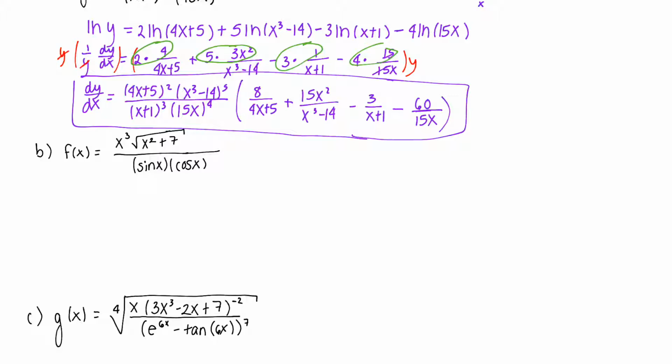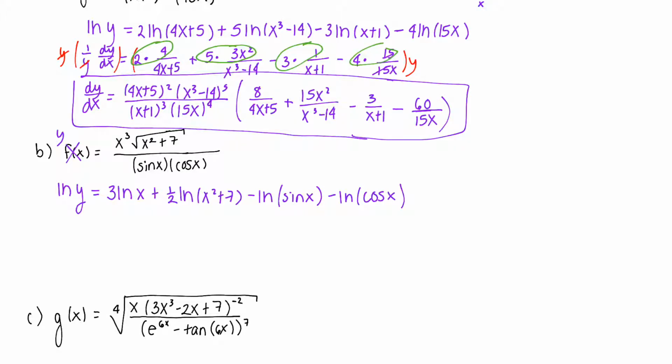Then for this guy here, we're going to pretend that this is y so that we can write ln y equals, I'm just going to expand it completely. So 3 ln x plus 1/2 ln of x^2+7 minus ln of sine x minus ln of cosine x.